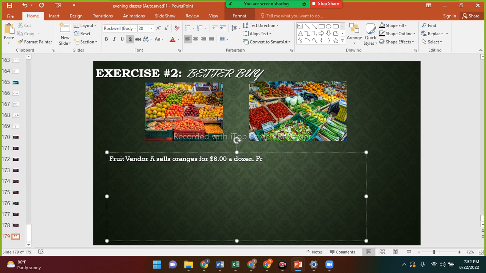Fruit vendor B sells, oh, I said oranges. No, not oranges. Sorry, not oranges. Apples. I'm sorry. So fruit vendor A sells apples. Glad I didn't write that. Sorry. Fruit vendor B sells the apples.